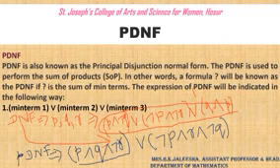Such an output, a sum of products, is called the principal disjunctive normal form, in short PDNF.